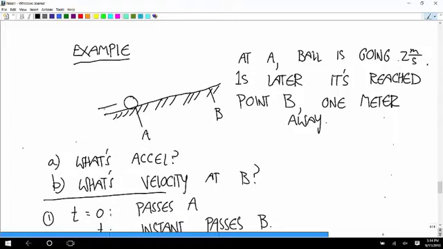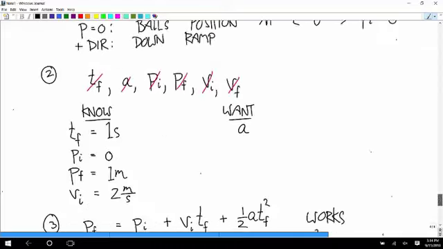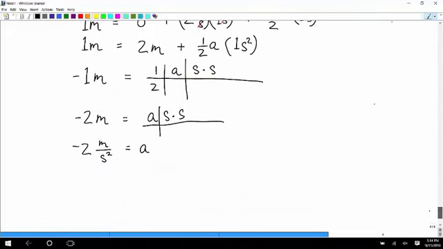Okay, so it starts out going like this. Now all the numbers work, but if you change it like this, now it makes sense that the ball's slowing down as it goes from A to B. Okay, so, does it make sense that a is negative? Well, now it does, now that I changed the picture.